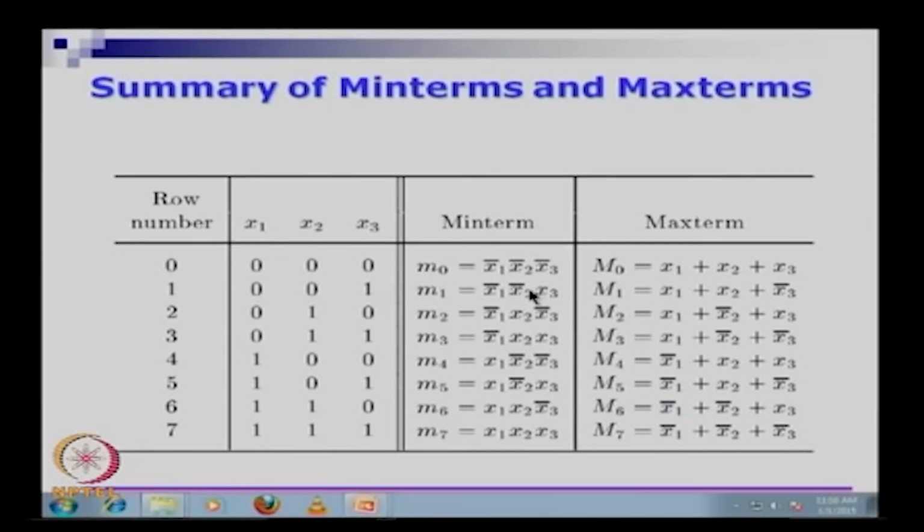So I want to give a quick summary of min terms and max terms that we did in the last module. What we have is various row numbers here, with their integer and binary representations.